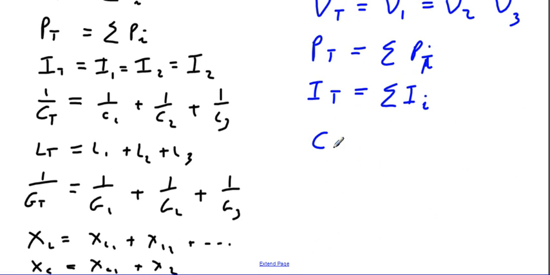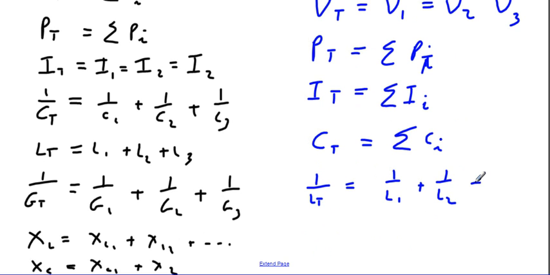My total capacitance is going to be the sum of the individual capacitances. My inductance is going to follow a 1 over rule. My conductance is going to add.